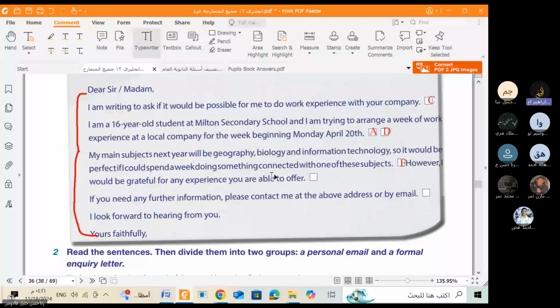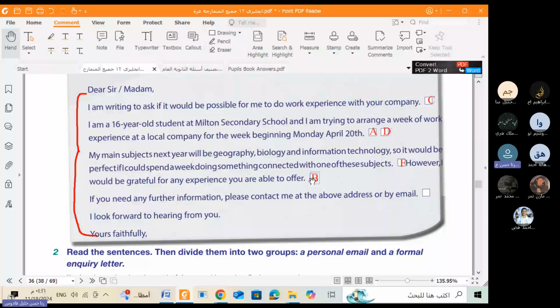However, I would be grateful for any experience you are able to offer. What is it? Say that you might accept any kind of work. Good. Hala, pay attention to this paragraph. I said my main subjects next year will be geography, biology, and information technology. So it would be perfect if I could spend a week doing something connected with one of these subjects. Yani you need something connected with these subjects.